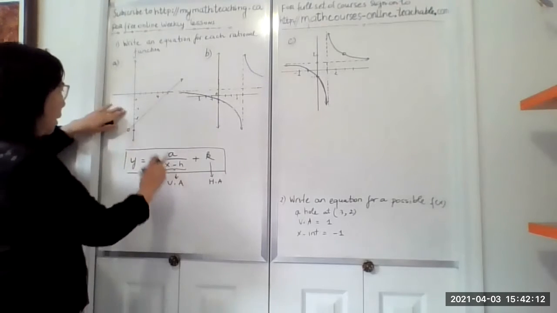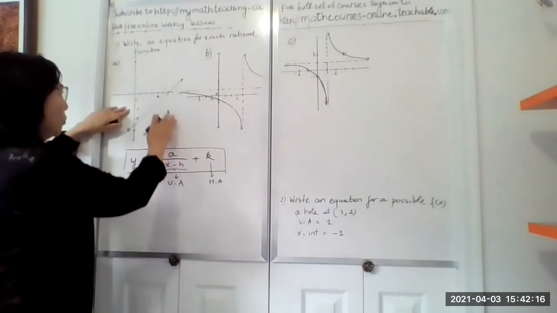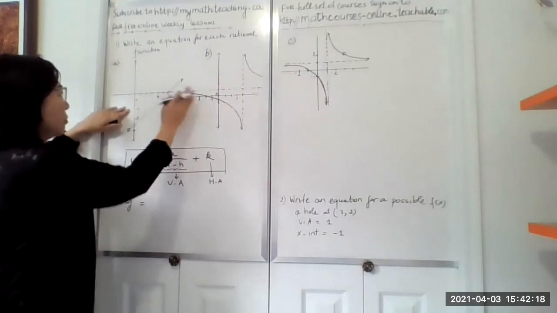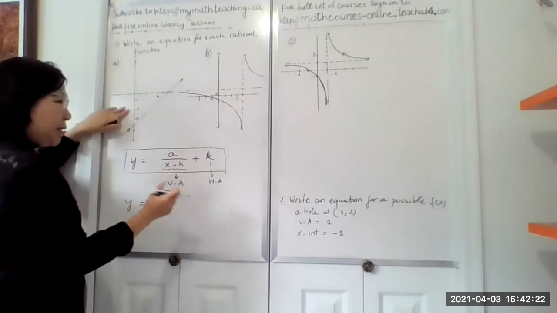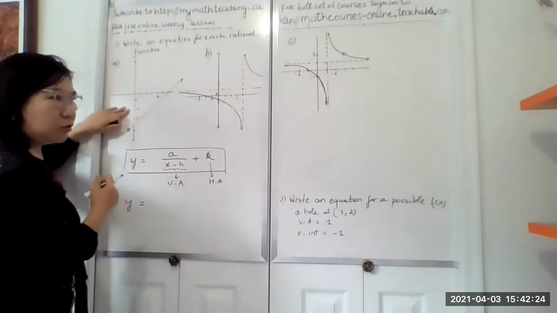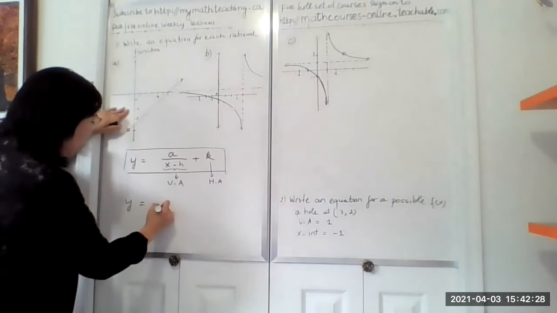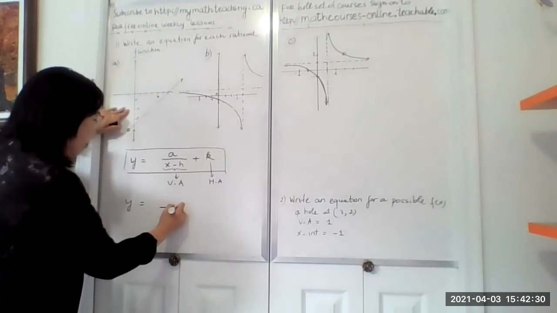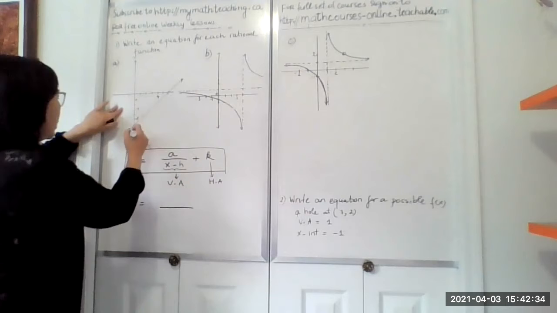Because we don't see any vertical asymptote here, and we don't see any horizontal asymptote here as well, if we use this form, it might be difficult. So all we can do is try to establish a function based on whatever we see on the graph here. So what do we see here?